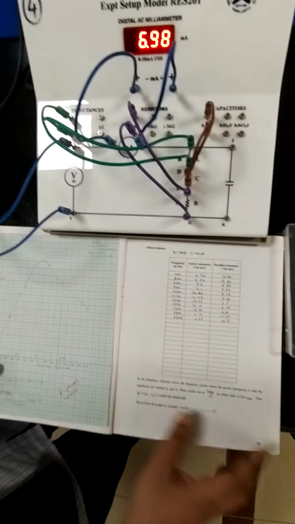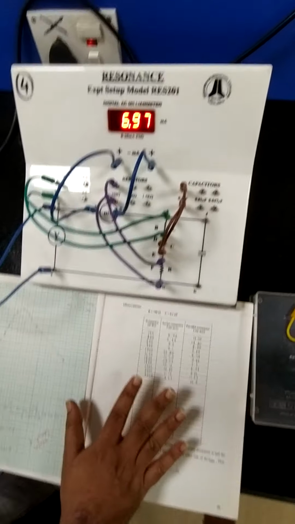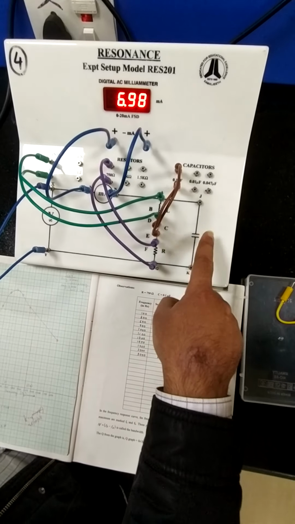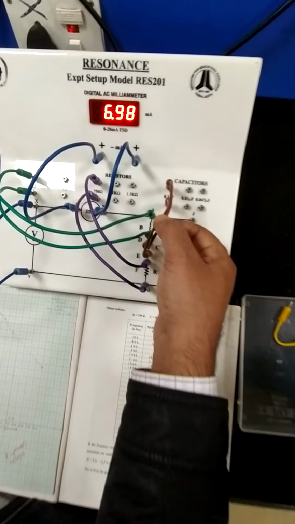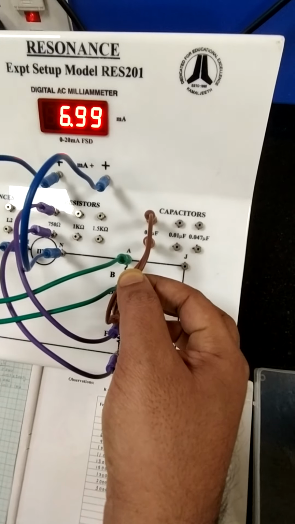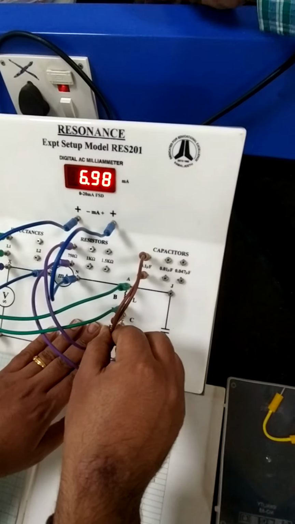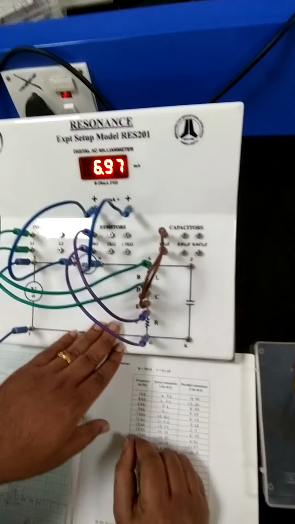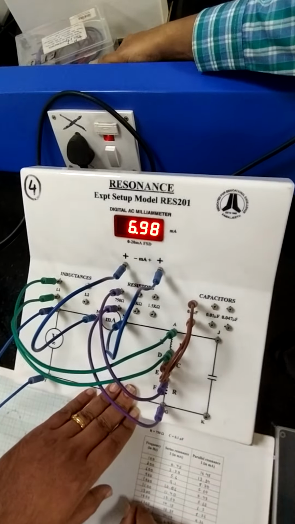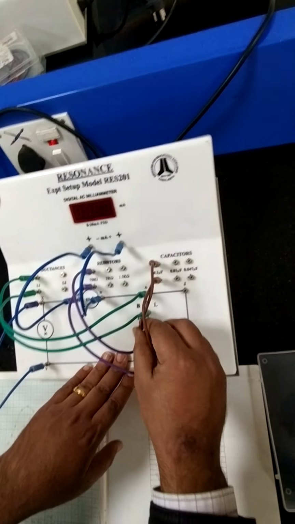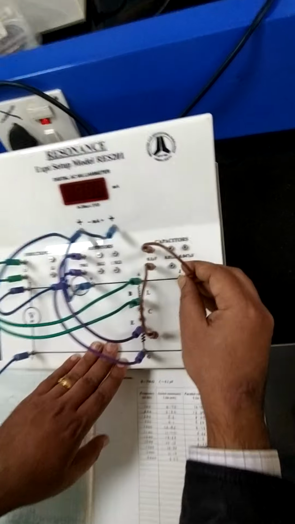Now we have to do the experiment for the parallel LCR circuit. The change I make is, instead of selecting a capacitor in series, I select the capacitor in parallel. Before that, please switch off the power to the kit, and now change the circuit connection.